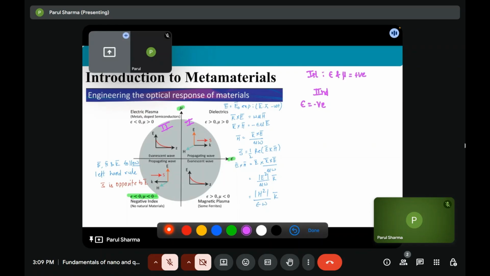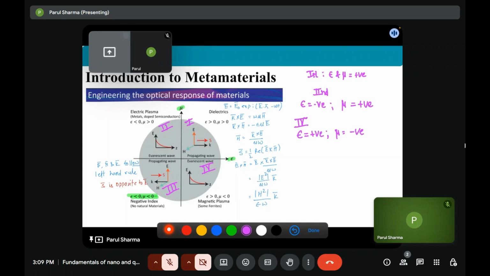In the second quadrant, we have metals and doped semiconductors, where permittivity is negative but permeability is positive. In the fourth quadrant, the next case is where permittivity is positive but permeability is negative. So it is termed as a magnetic material.